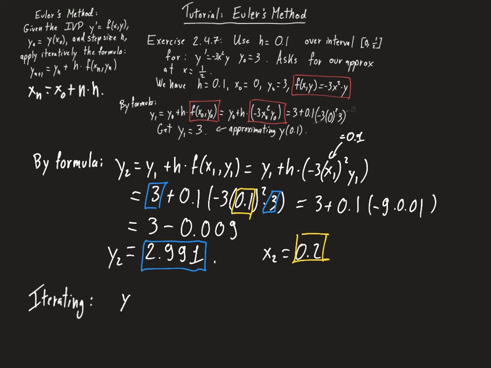So at this point, you can just say iterating is going to yield that y3 is equal to 2.991 plus 0.1 times negative 3 times 0.2 squared times 2.991. And just to reiterate what I've just boxed in here, these are the guys I plugged in blue, and this is that guy in yellow.